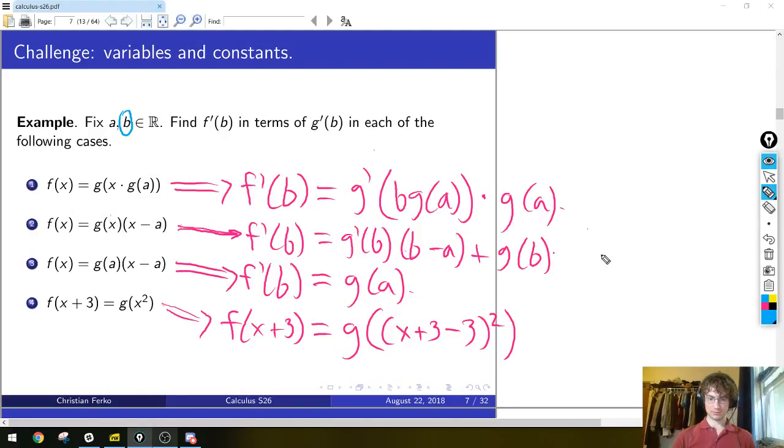Are we going to be taking the composition of functions on both sides? Not on the left side, because on the left we're now differentiating with respect to the variable x plus 3. If you want, you could think of this as composing an outer function f with an inner function x plus 3.